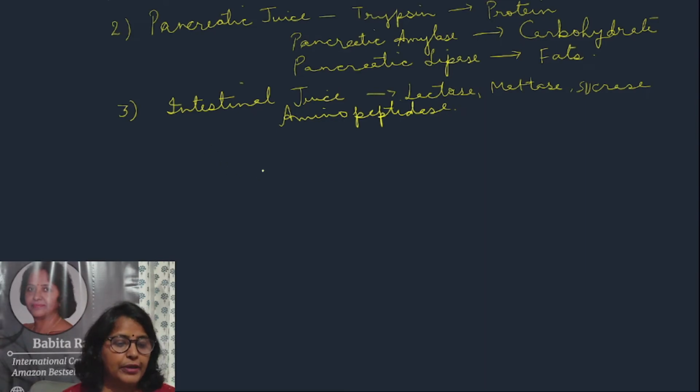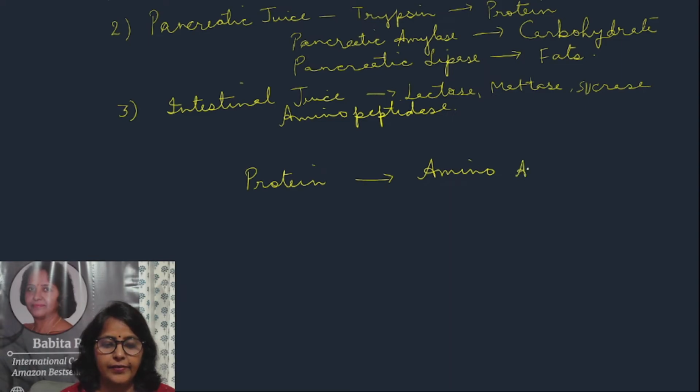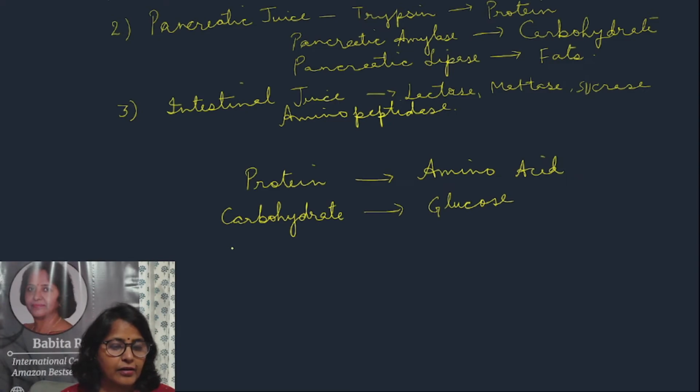So after complete digestion, protein is converted into amino acids, carbohydrate is converted into glucose, and fats are converted into fatty acids and glycerol.